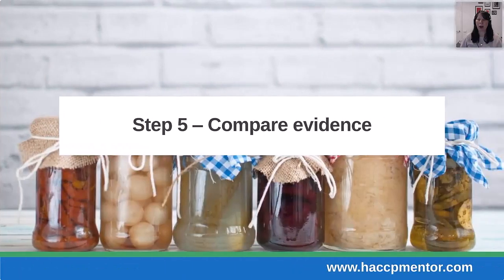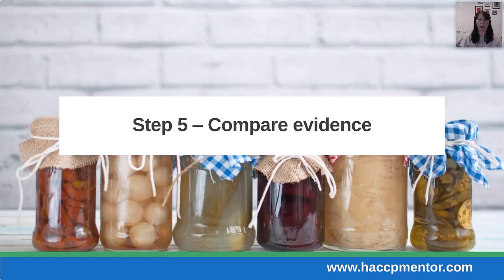Let's go into our step 5, which is to now compare the evidence. So you want to get all that evidence that you've collected, compare it against your regulation, compare it against the actual label. So if you've got a test report, you want to see, okay, what does it actually say on our label?